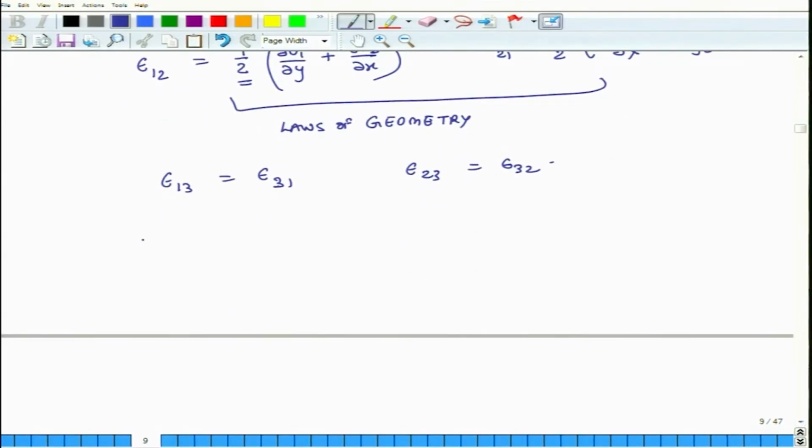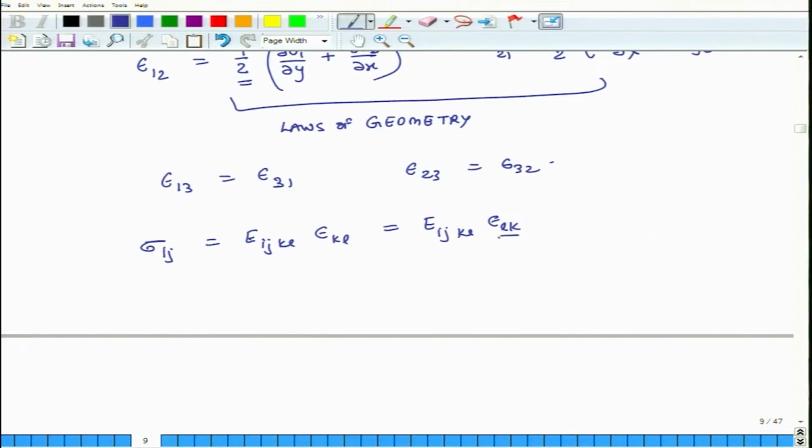So, we can also say that sigma ij is equal to E ijKL epsilon KL, and this is also the same as E ijKL epsilon LK, because epsilon KL and epsilon LK are the same.